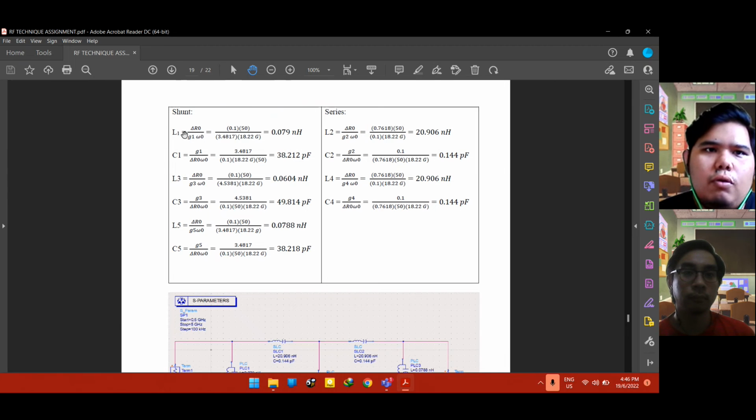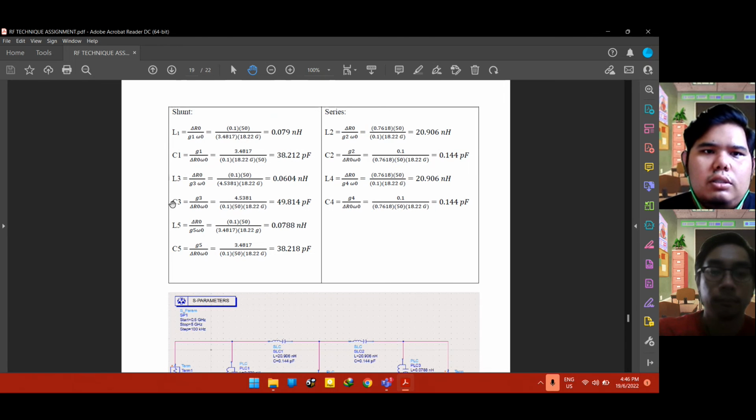Okay, so here are the calculations for the capacitance and inductance. For the shunt capacitance and inductance, here is the formula for inductance: delta R naught divided by G1 omega naught. Here is the calculation and here is the result for the shunt. We have L1 and C1, L3 and C3, L5 and C5. For the series, we have L2, C2, L4 and C4.